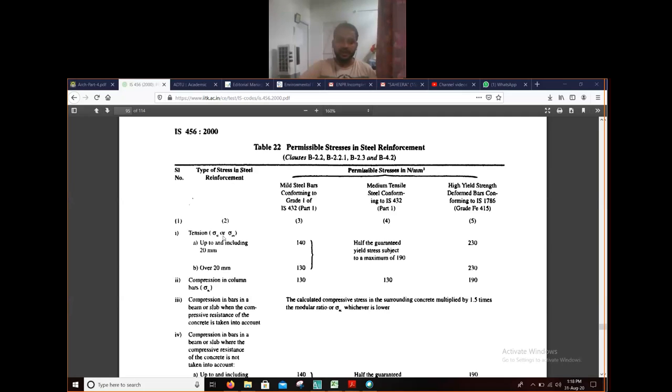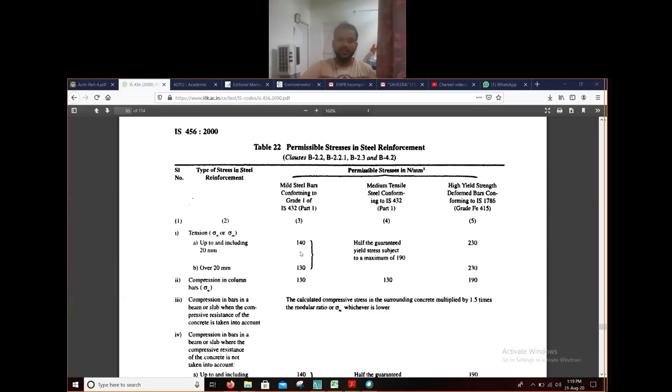There is another criterion here: up to and including 20 millimeter. That means if the diameter of the bar is more than 20 millimeter, then you will choose 130 for mild steel. If it is given that you are using a mild steel bar of 25 millimeter, then the sigma st value will be 130 newton per millimeter square. And if it is simply mentioned that you are using a mild steel bar, then you have to use 140.